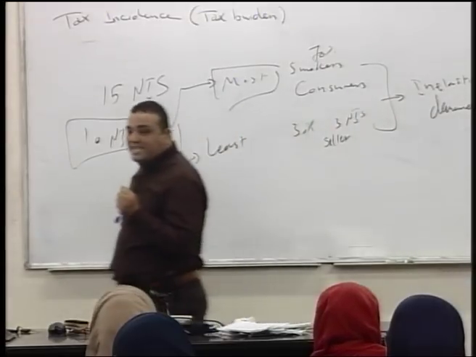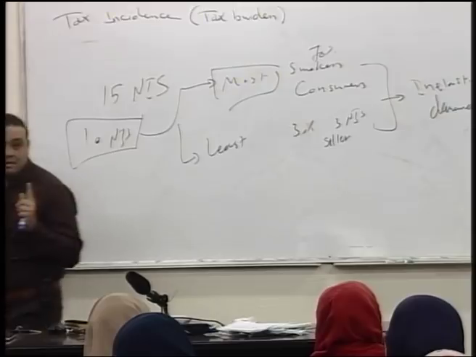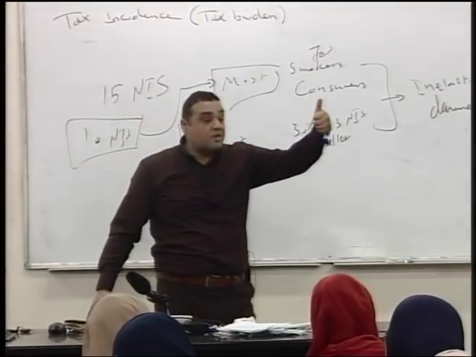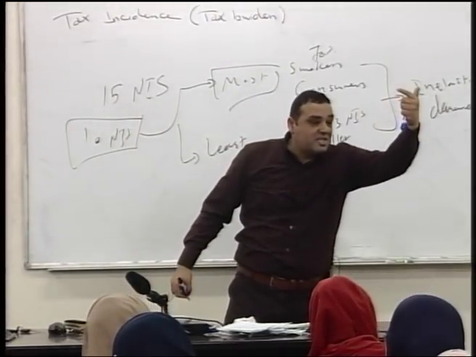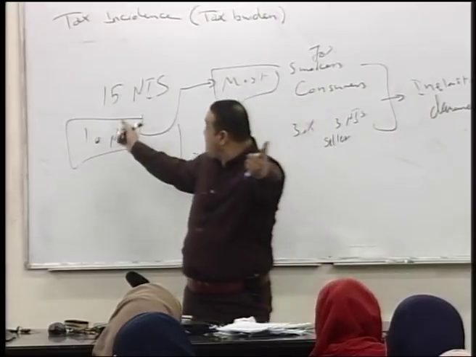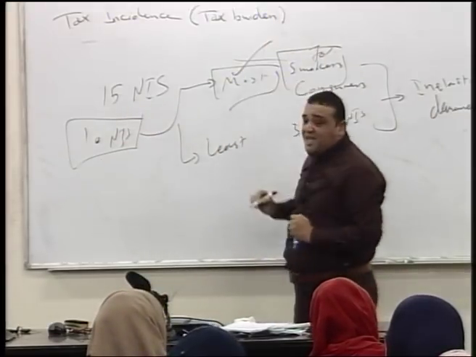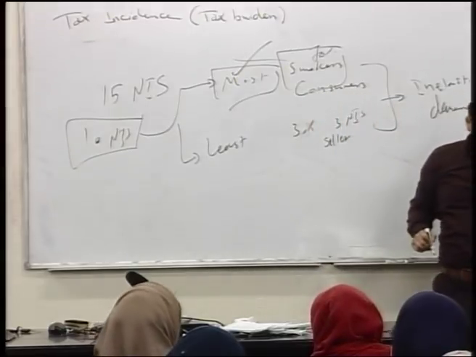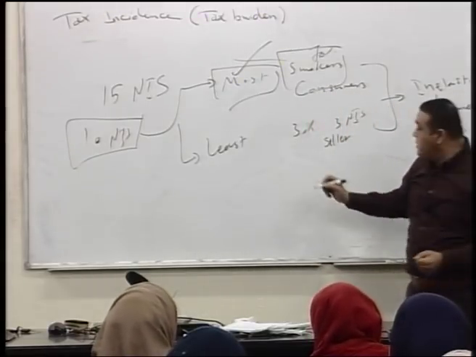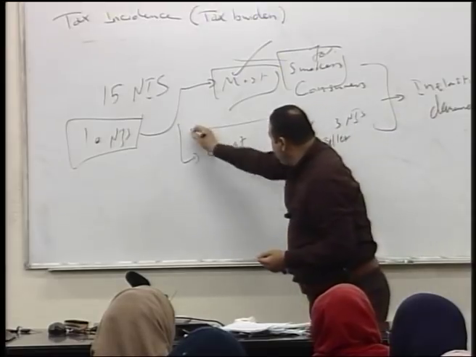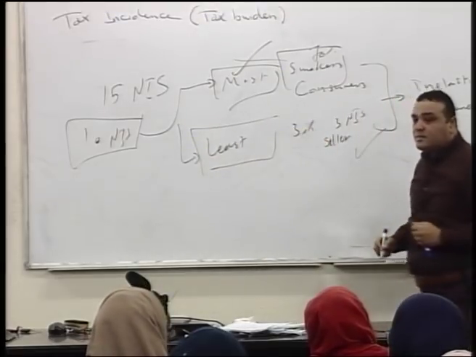So, if demand is inelastic, the product is necessary for the consumer. It's not easy to give it up. The consumer bears the most of the tax burden, and the producers or the sellers bear the least of the tax burden.